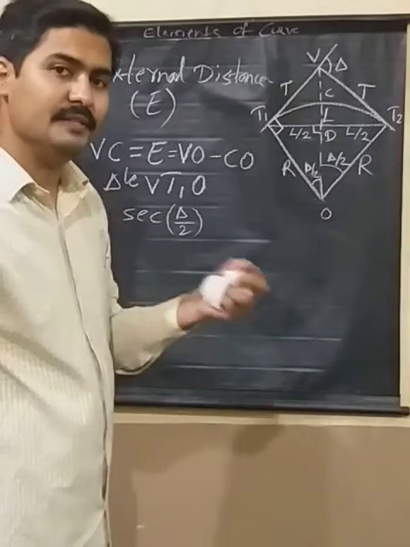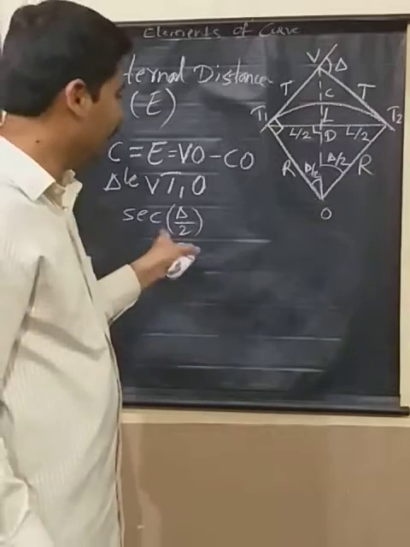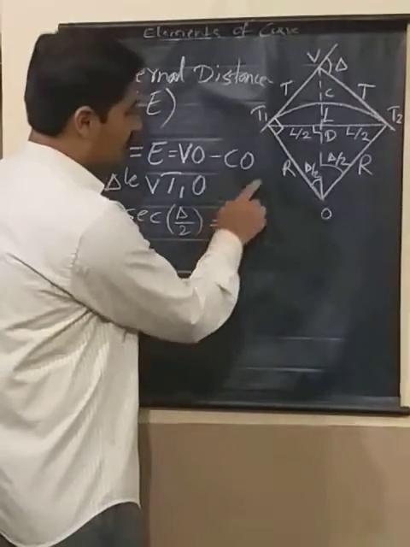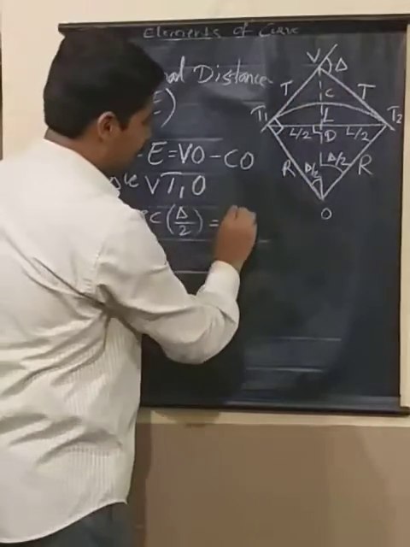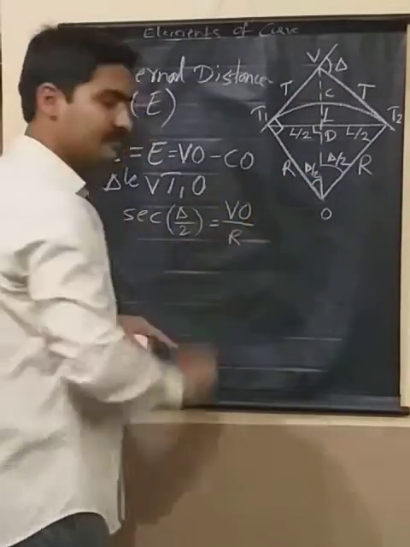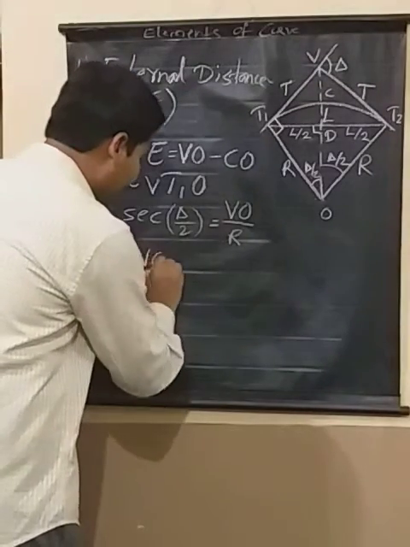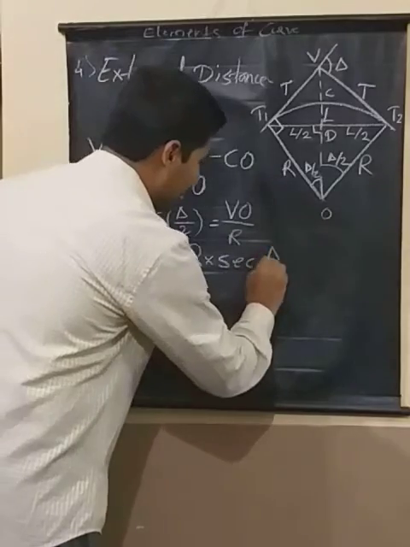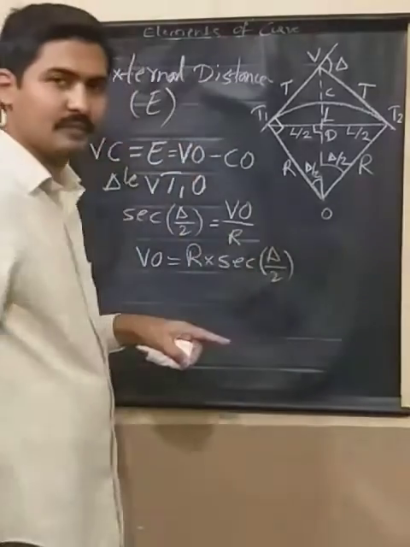Cos is adjacent by hypotenuse, so secant will be hypotenuse divided by adjacent. Hypotenuse is VO, adjacent is R. So VO will be R secant delta by 2, isn't it?